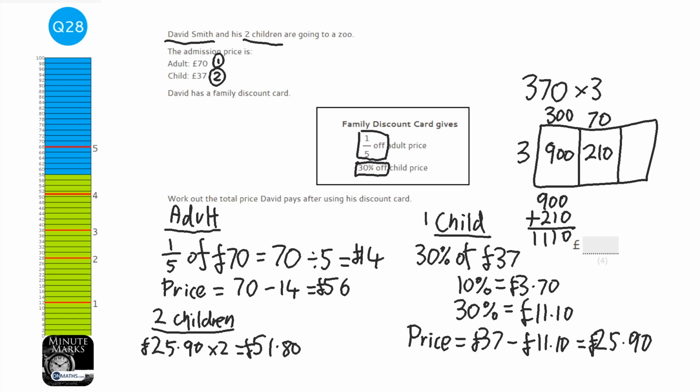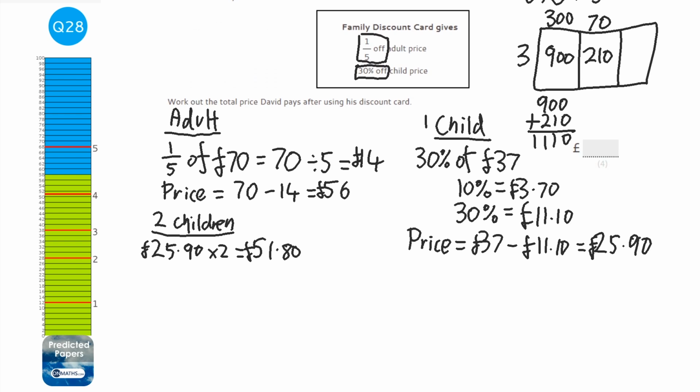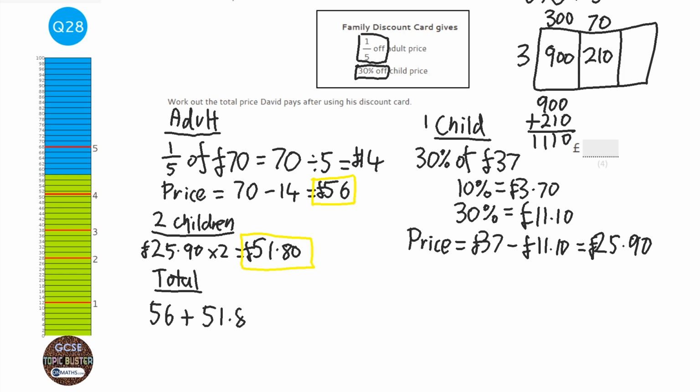Okay, I'll move down a bit, and let's do the total. So the total is going to be the adult price, which is this one here, plus the 2 children price, which is that one there. So I want to do 56 plus £51.80.